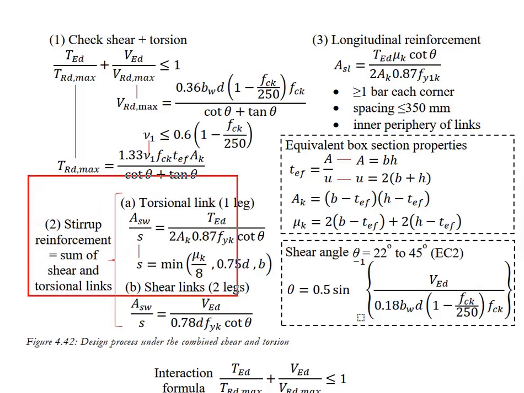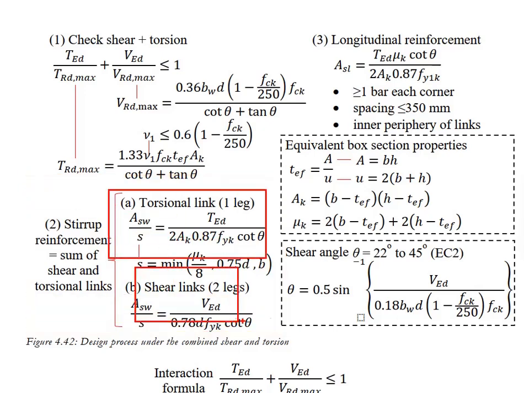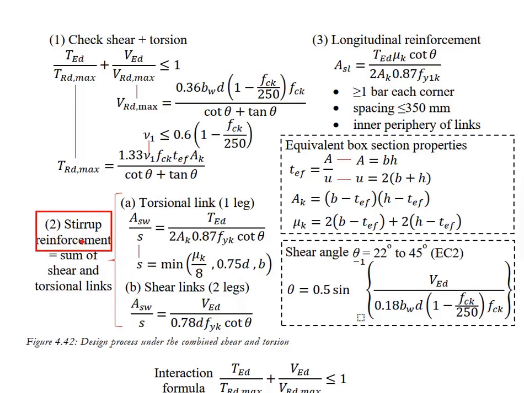Second step, you will design for the link. Calculate the link separately, and then the final link that you're going to propose for the section will be the summation of the two. There is a catch here, where the torsional link is calculated on the basis of one leg, and the shear link is calculated on the basis of two legs.